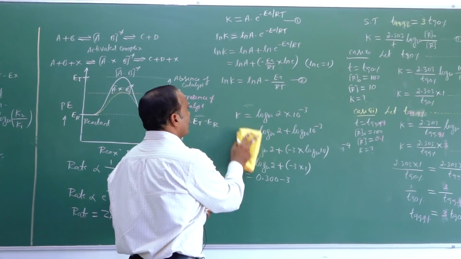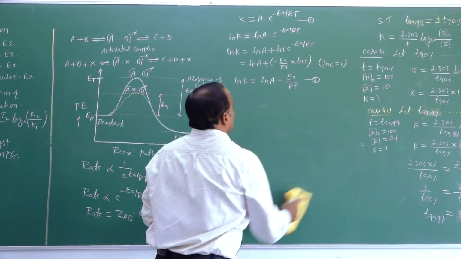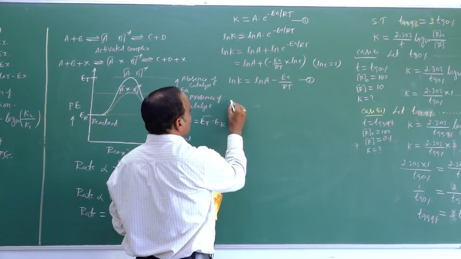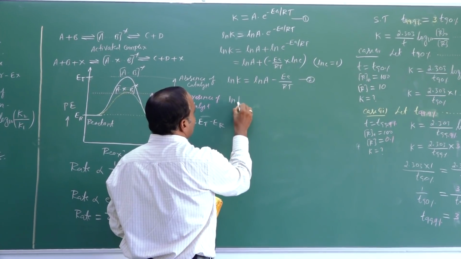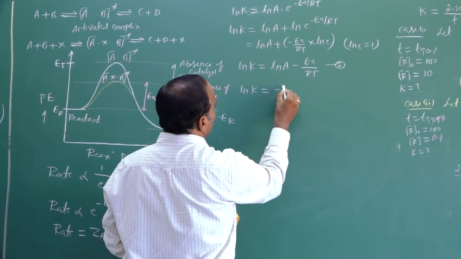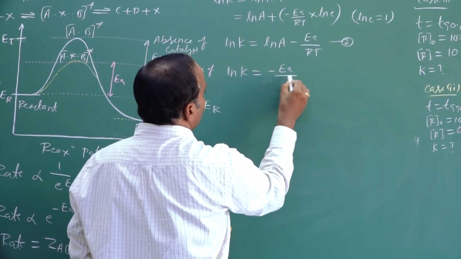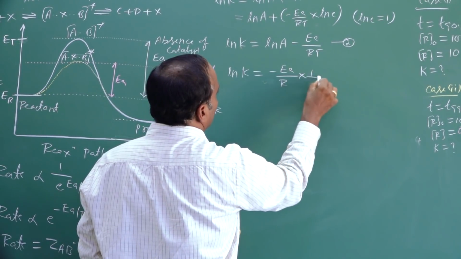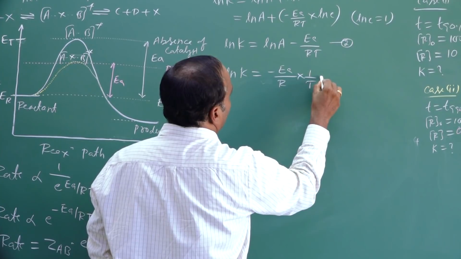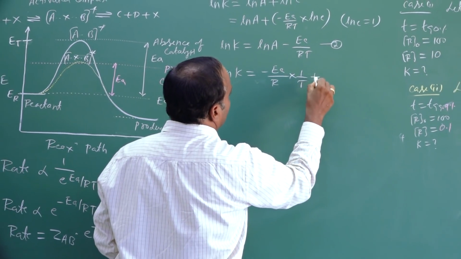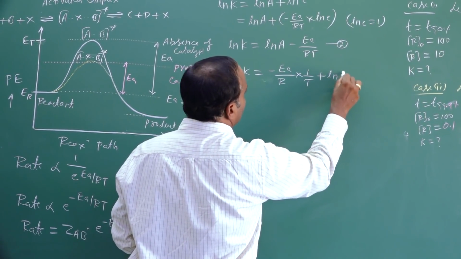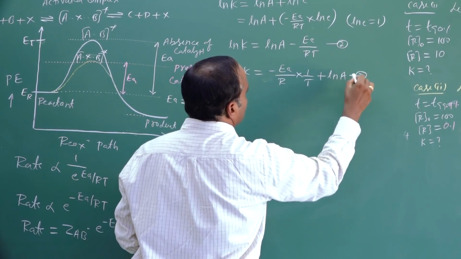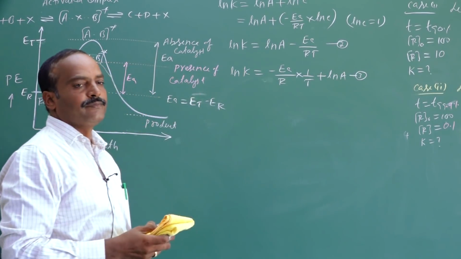Then rewrite this equation. Ln K is equal to minus Ea by R into 1 by T plus ln A. We call it equation number 3.